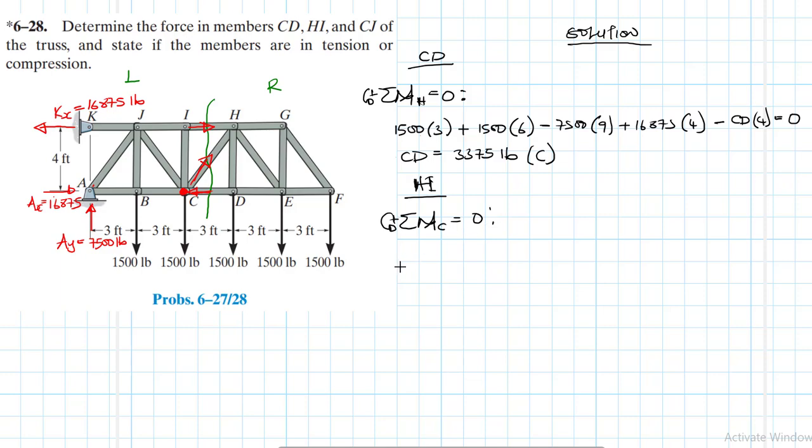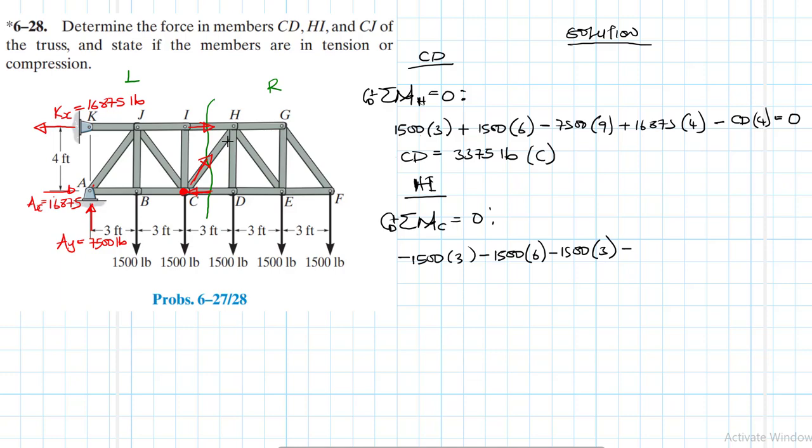Okay, so what do we have? We have a minus 1500 by 3, minus 1500 by 6, minus 1500 by 3, and we have minus HI.